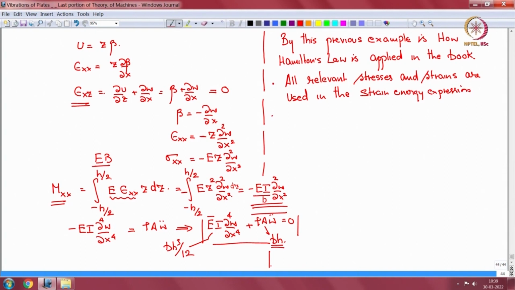Then in the process, the z or alpha 3 integral from minus h by 2 to h by 2 is done. That gives the force and moment resultants, like N_XX and M_XX.